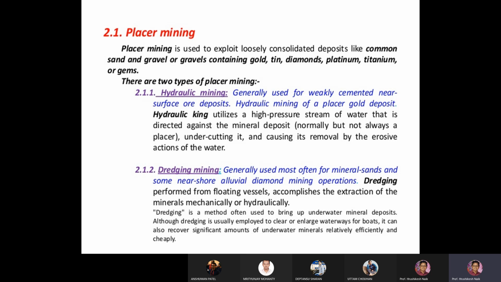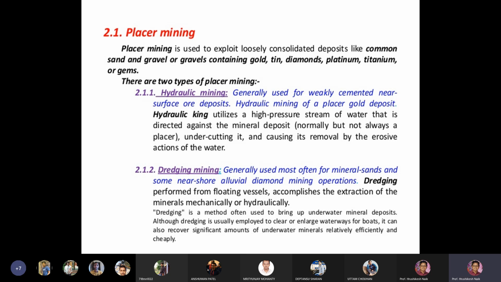If the ore deposit is situated near the surface and is weakly cemented, then you can go for hydraulic mining. By using the water force, you can break the minerals and exploit them. A placer gold deposit is mined by this hydraulic mining method.